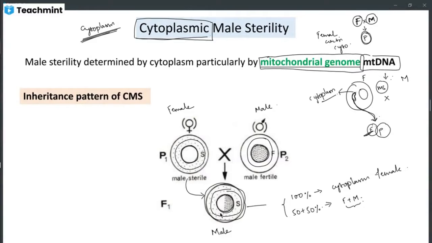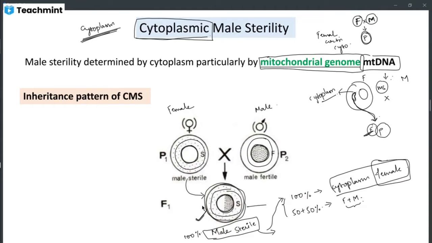The progeny will be male sterile, because cytoplasm is received from the female. Yeah, 100% of the cytoplasm is received from your female, and the female has the sterile cytoplasm, right? So the progeny will be 100% male sterile.